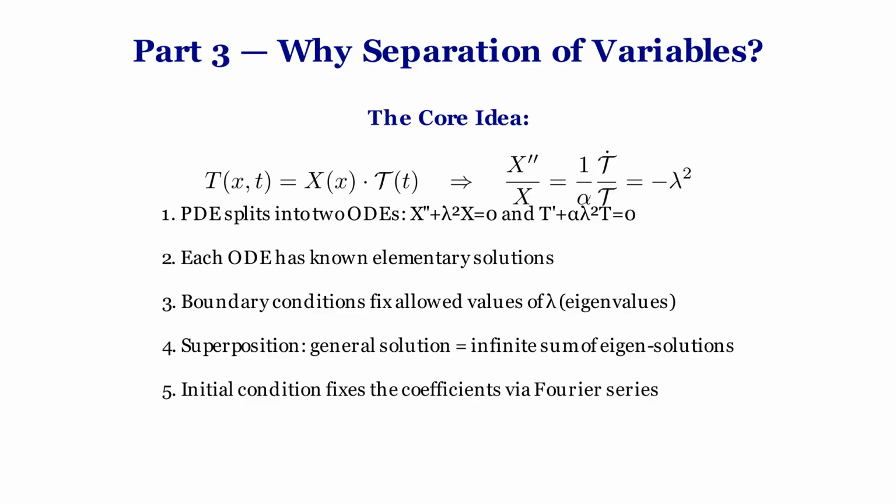The key idea is to assume that the solution can be written as a product, T of x and t equals X of x times T of t, one function of position multiplied by one function of time. Substituting this into the PDE and rearranging separates the two variables onto opposite sides of the equation. Each side must then equal the same constant, splitting the single PDE into two separate ordinary differential equations that are each much easier to solve.